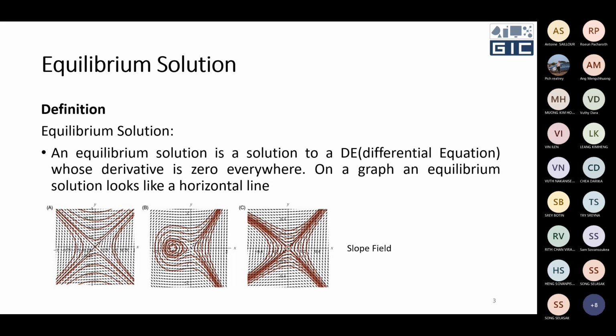So we use equilibrium solutions to show the stability of the system: when our system is stable, and when our system is unstable. This is the general goal of equilibrium solutions.